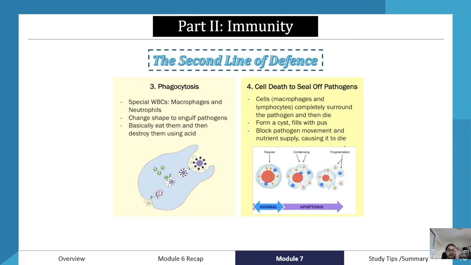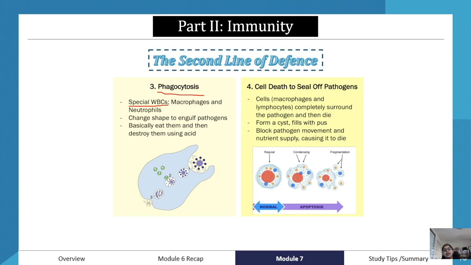We then have the third part of the second line of defense, which is phagocytosis. This is definitely a term you want to remember. Phagocytosis involves special white blood cells, including macrophages and neutrophils. These specific white blood cells change their shape to engulf a pathogen.